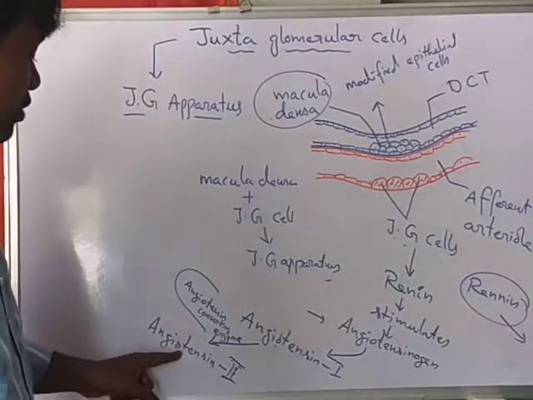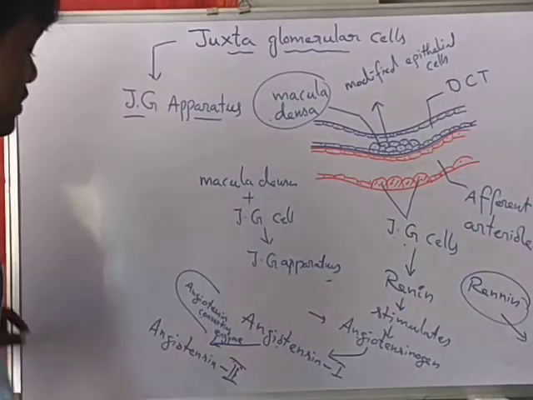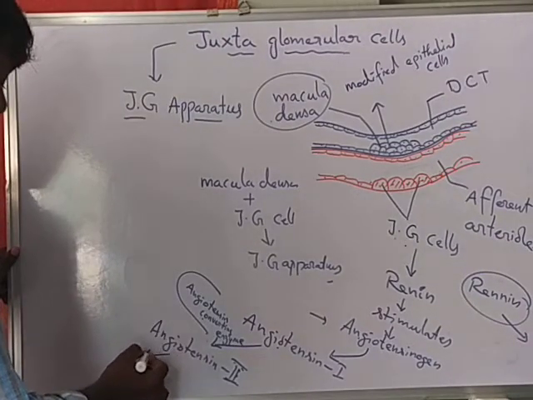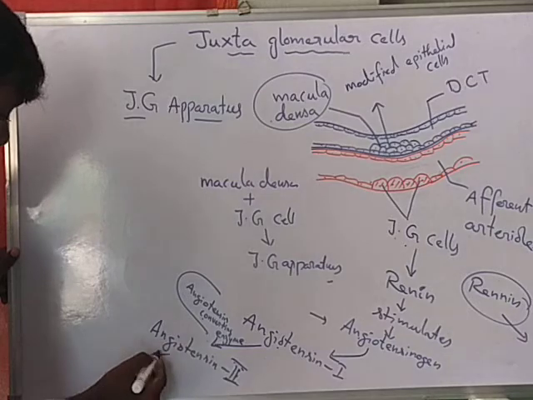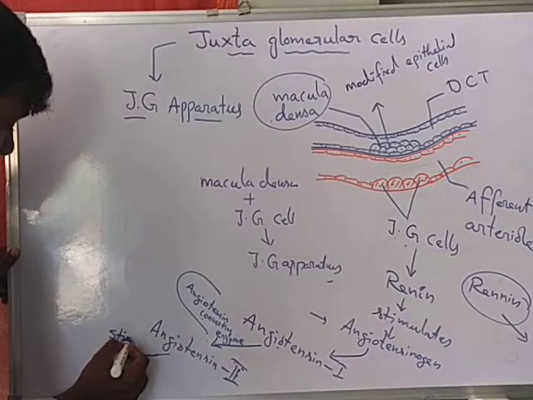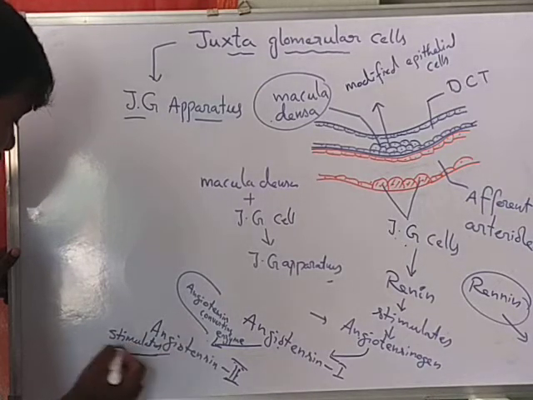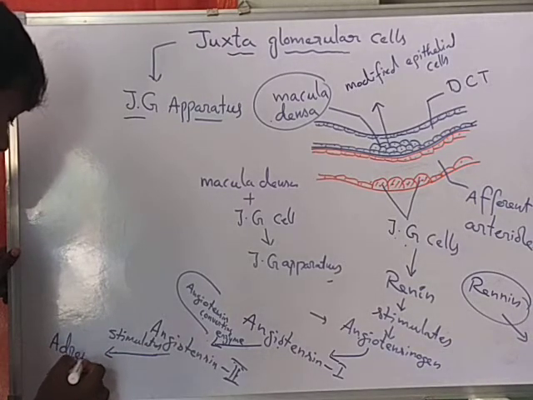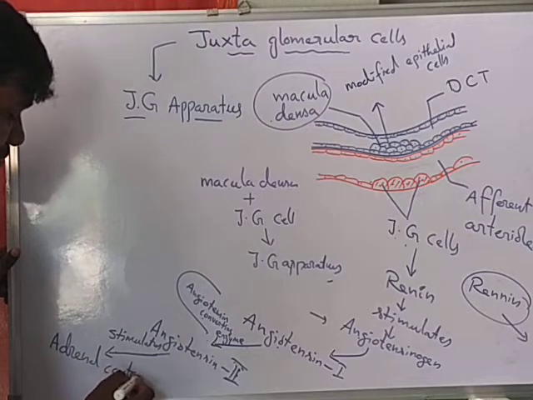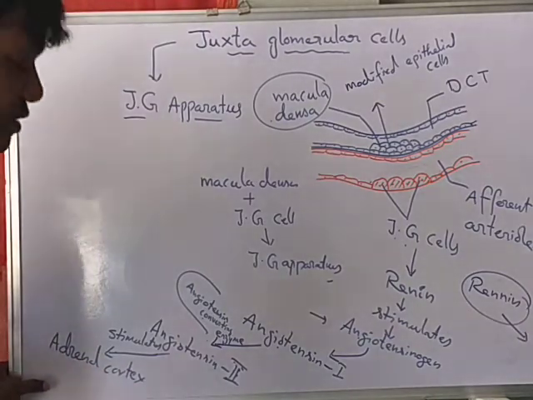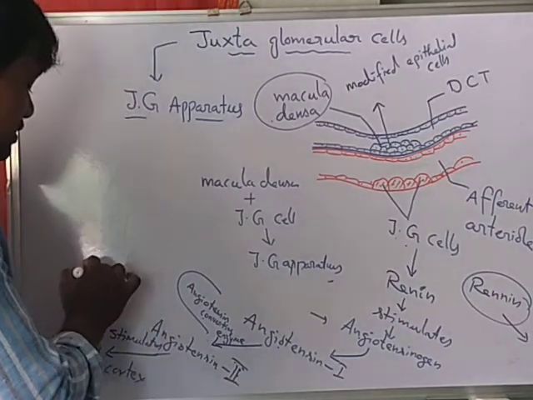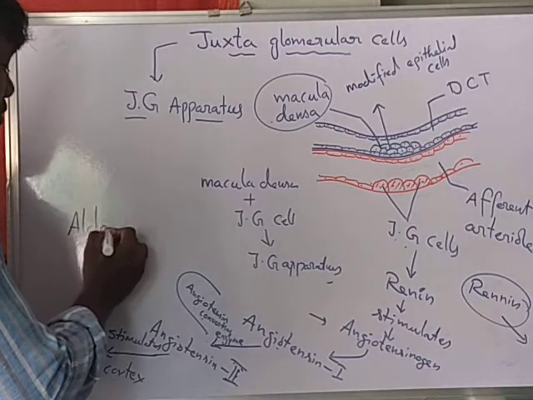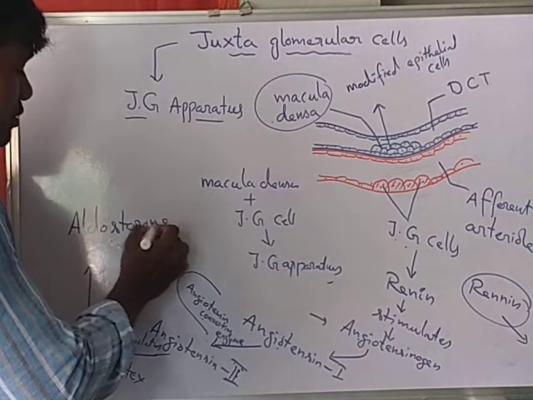Now angiotensin 2 stimulates the adrenal gland, the adrenal cortex. The adrenal cortex releases the hormone aldosterone.